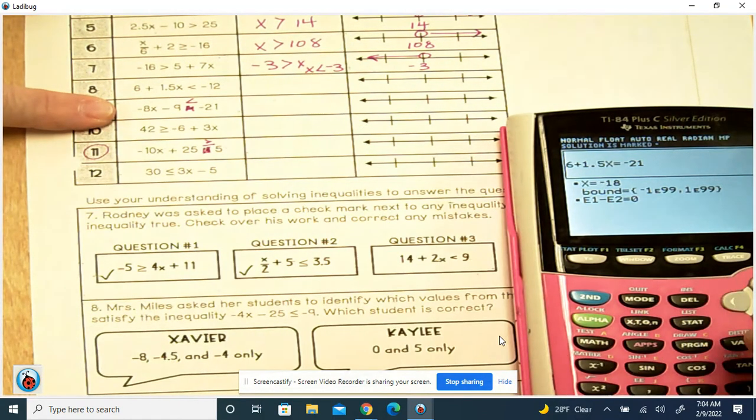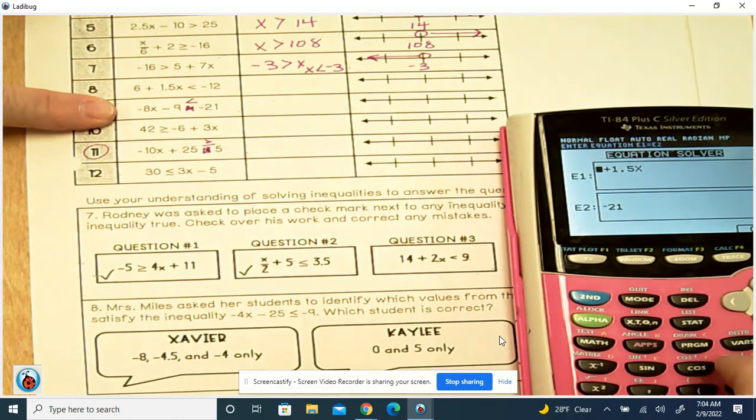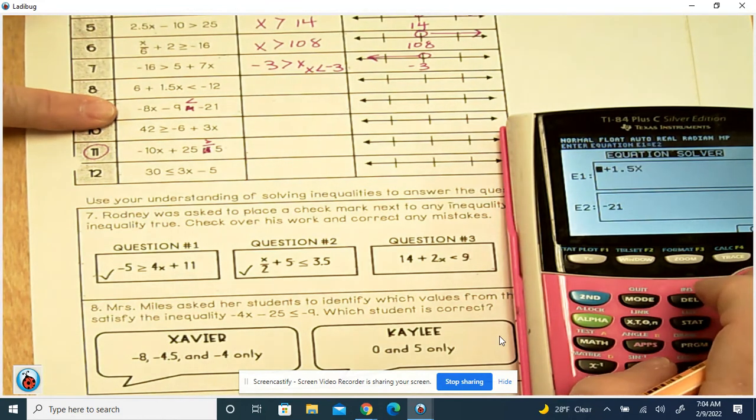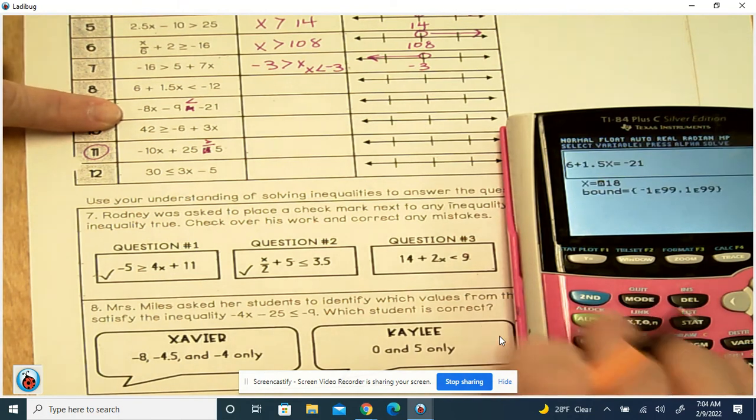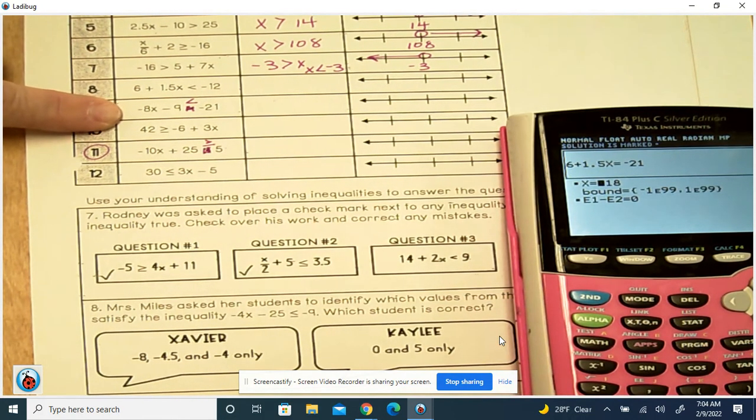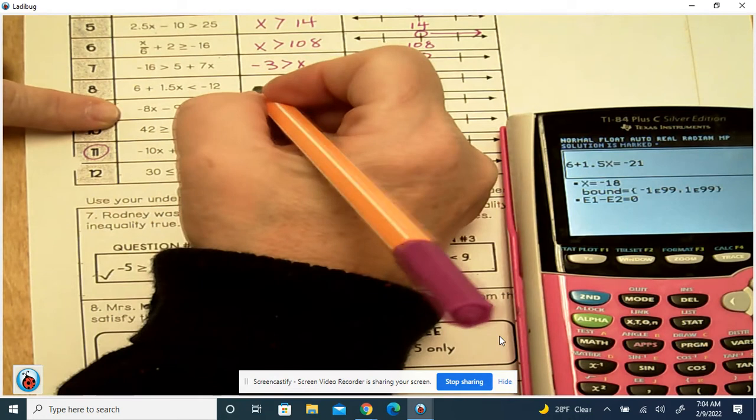We'll redo that one. All right, so I got 6 plus 1.5x, and then come down, and I have a negative 21. Enter, alpha, enter. So it's got a negative 18.